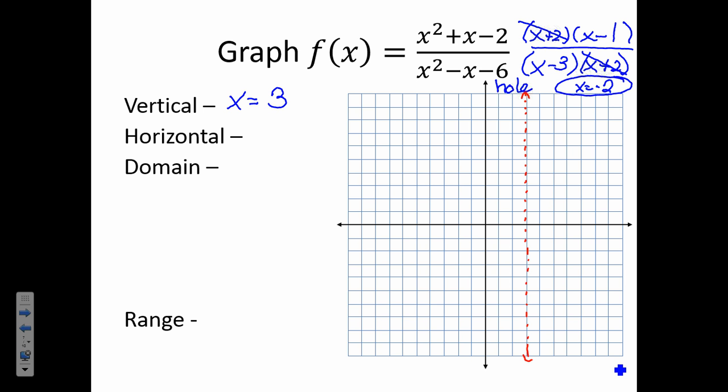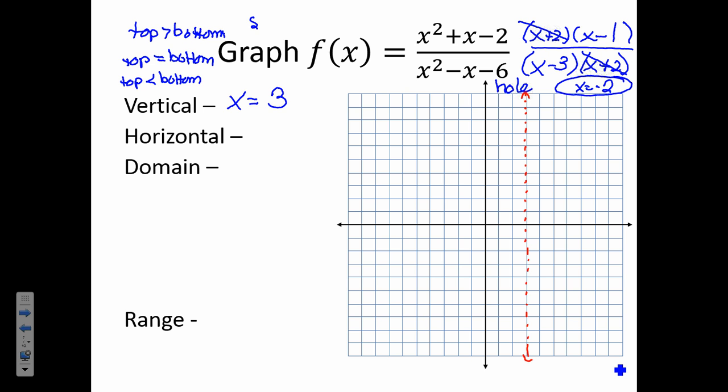Okay? Now, horizontal asymptotes. If there was something with powers, remind me from yesterday. Then what? If the top is greater, then we're going to have a slant asymptote.